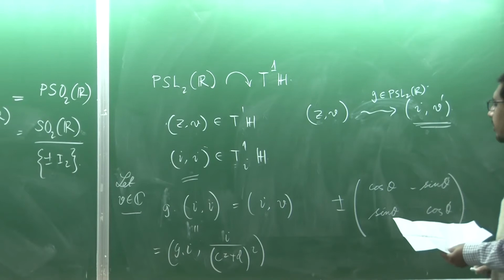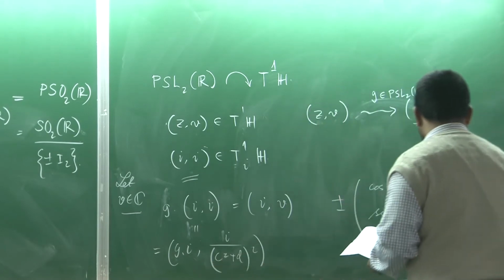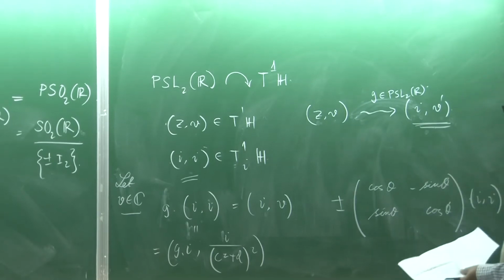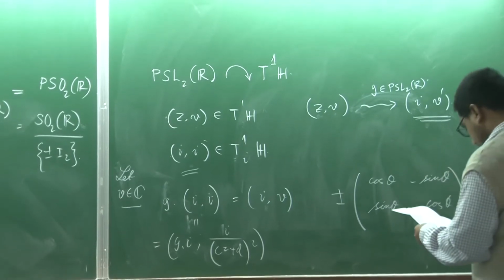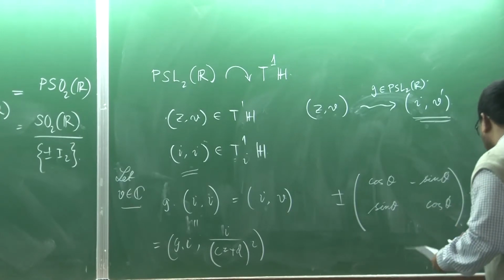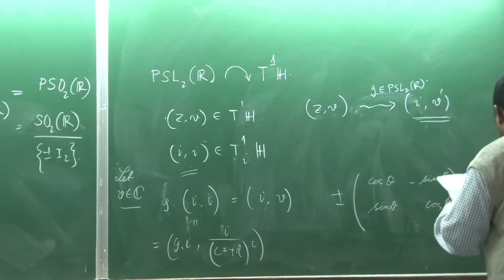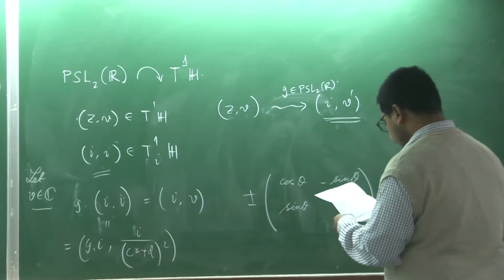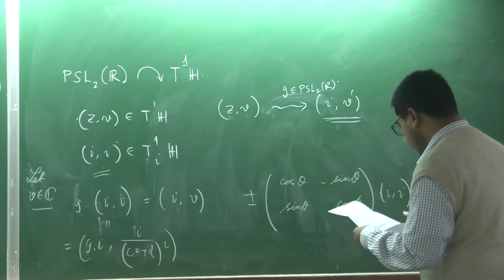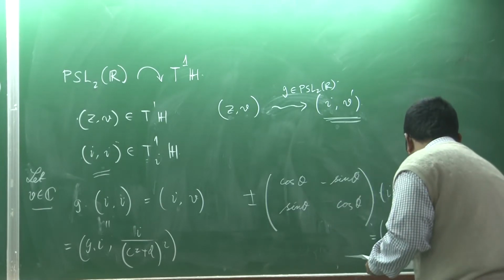This is the matrix, and let us see how it acts on (i, i). The base point will be i itself, and here it will be i by (cos theta plus i sin theta) whole square.